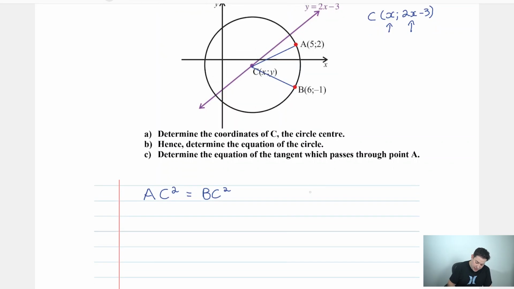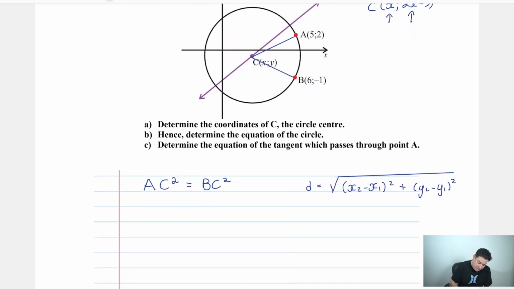Right, so our distance formula, I'm just going to remind you, is distance is equal to the square root of x2 minus x1 all squared plus y2 minus y1 all squared.